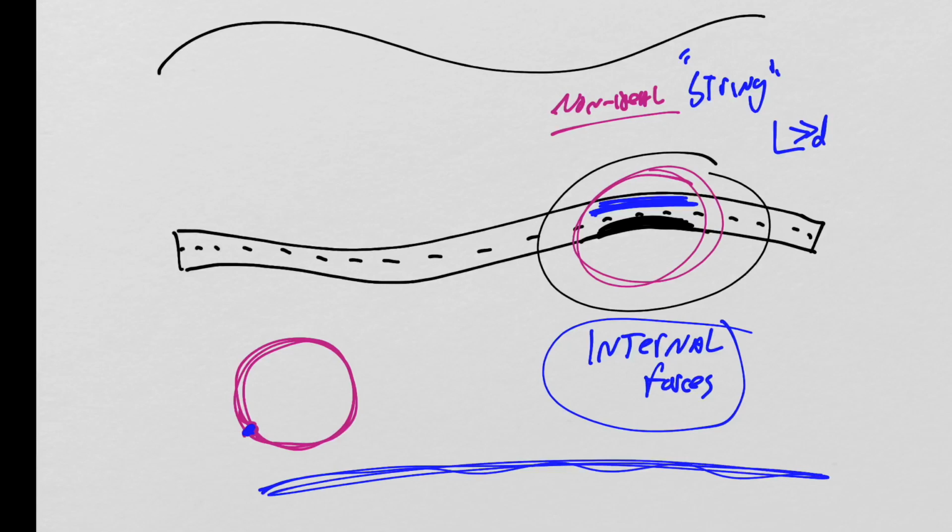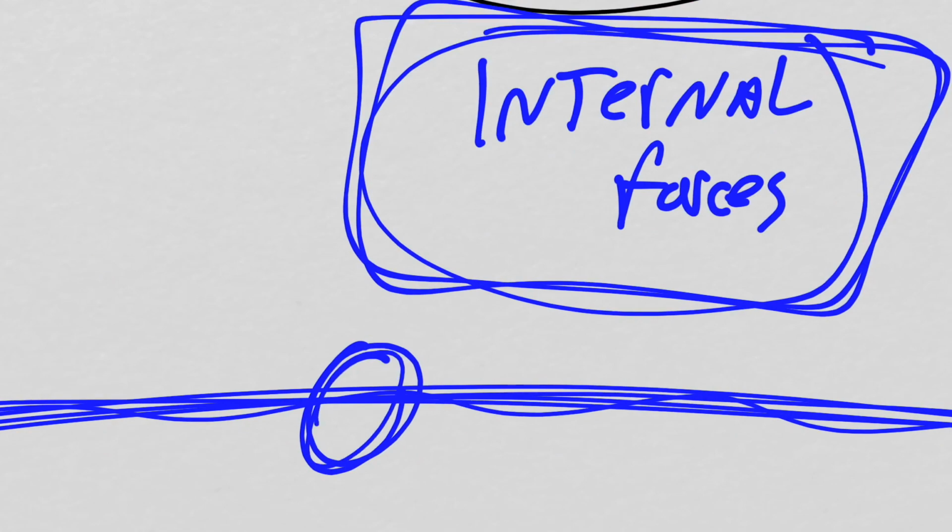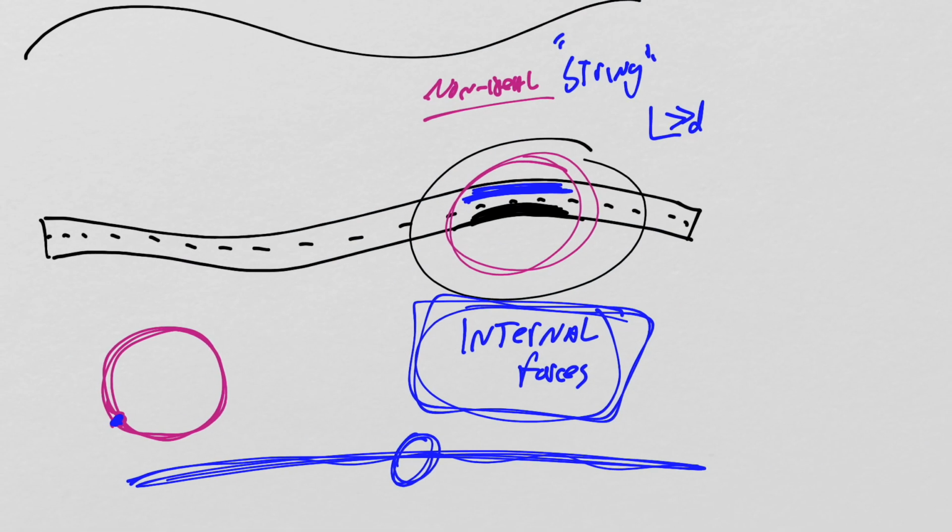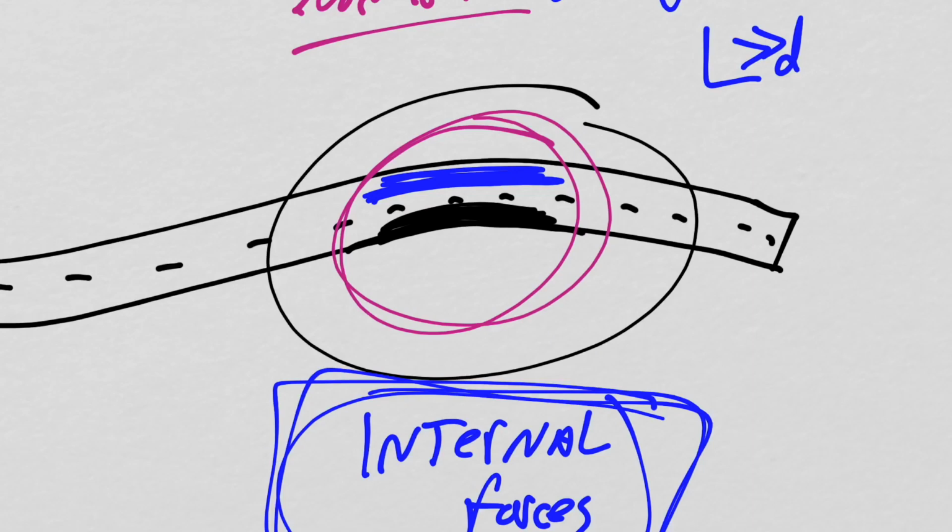And it becomes a nice straight string sitting there. The fact that it unwinds itself is a result of these internal forces inside the actual string. Inside the string, these areas where there's compression, the forces tend to push it and want to straighten it out.